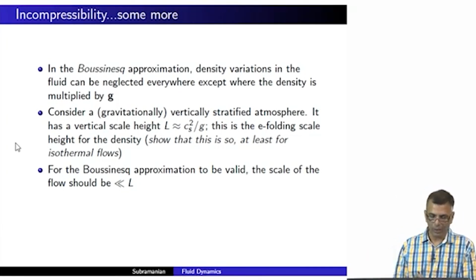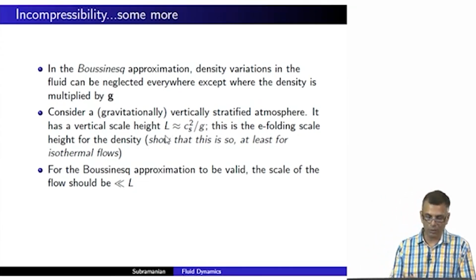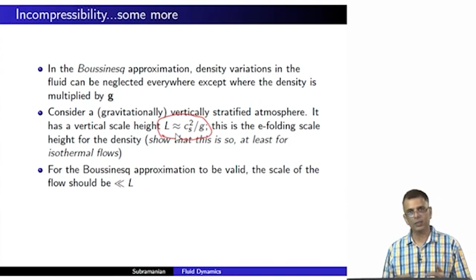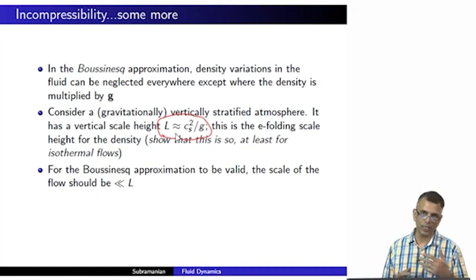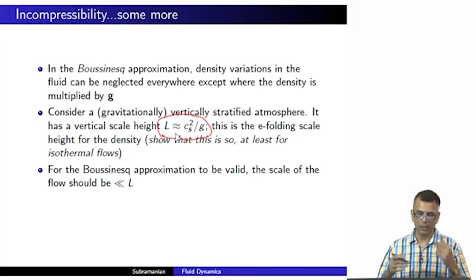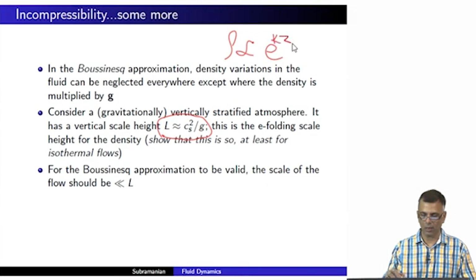If that is so, then it turns out that, and this I will simply state without proof for the time being. As and when we start discussing isothermal flows, I would like you to show this fact, which is that the scale height of such an atmosphere, in other words, the scale height is essentially the height over which the density varies by a factor of e. Okay, so suppose the density is varying as e raised to some k z.